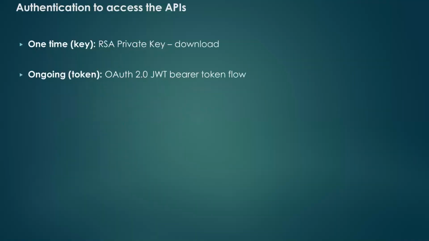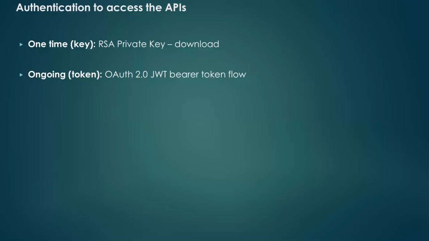To be able to use any of the Einstein Platform Services, they all use the same type of authentication. There's two things that you need. When you first sign up, you need a one-time RSA private key, which you download. Don't lose this, because you only get it when you sign up. This is like a little text file that you'll save. And then you need an ongoing token. The reason it's ongoing is because it expires.